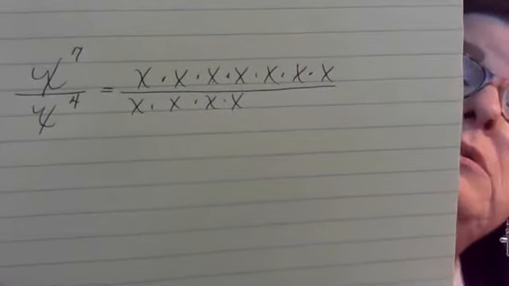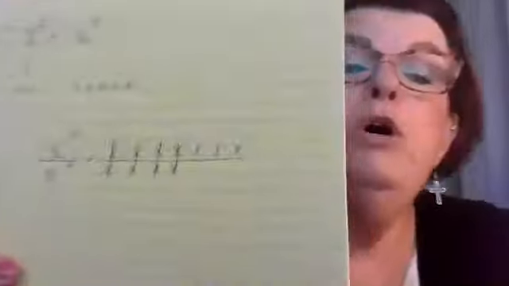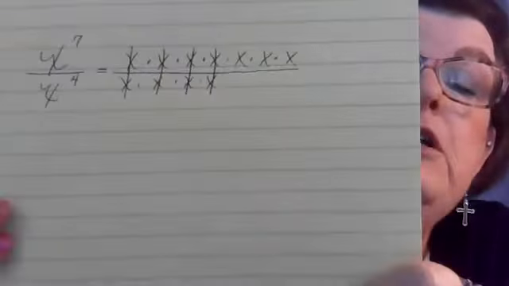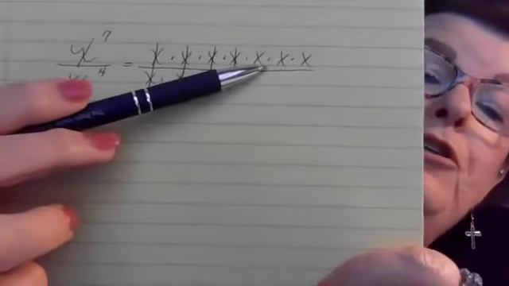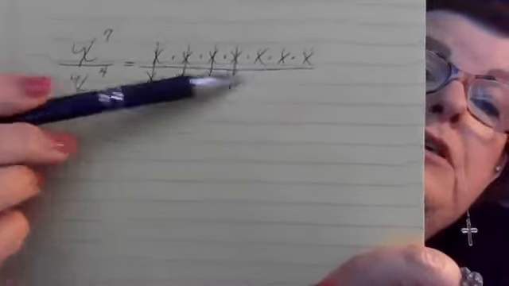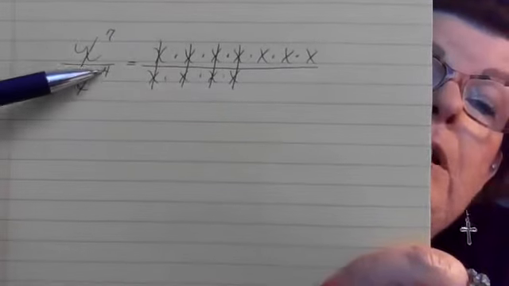But if you notice, if there is an X on top and an X on bottom, they will cancel each other out to ones, which leaves what? 3. X to the 3rd on top. Do you see? 7 minus 4.